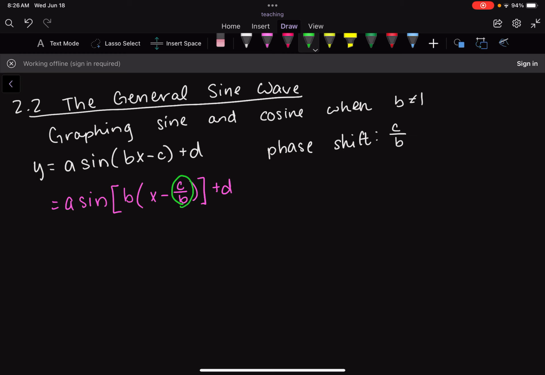The reason I don't like to teach it this way is I find that students often forget to factor out the B. So I just say, let's just do it as C over B. That way, it's a little bit less for you to remember. You don't have to remember the factoring out step. But I do want to show you that if you go through the examples on My Math Lab, they may do it like this, and you might feel a little confused. So just something to be aware of. I do not like to factor out the B. I just like to treat the letters where they are and just find C over B that way.